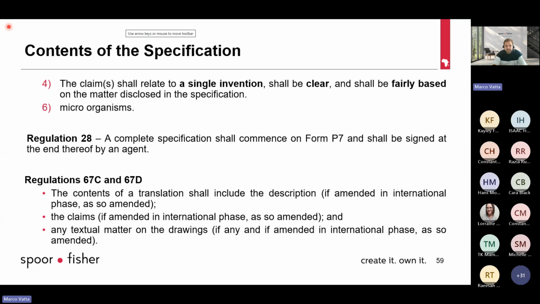What are the requirements for the claims? There's no specific requirement in terms of the claim structure. In terms of the Patents Act, we do know that the Elon transdermal case has provided the claim structure that must be used for first and second medical use of a known compound.